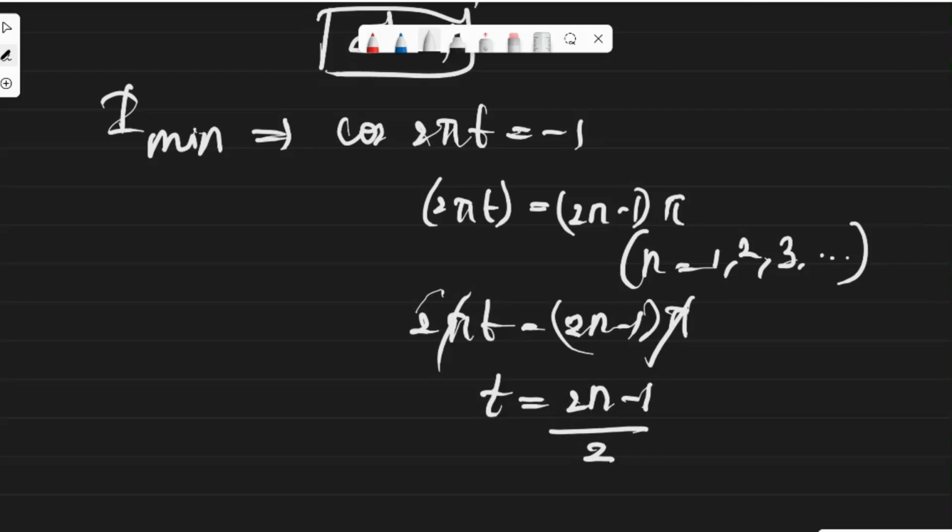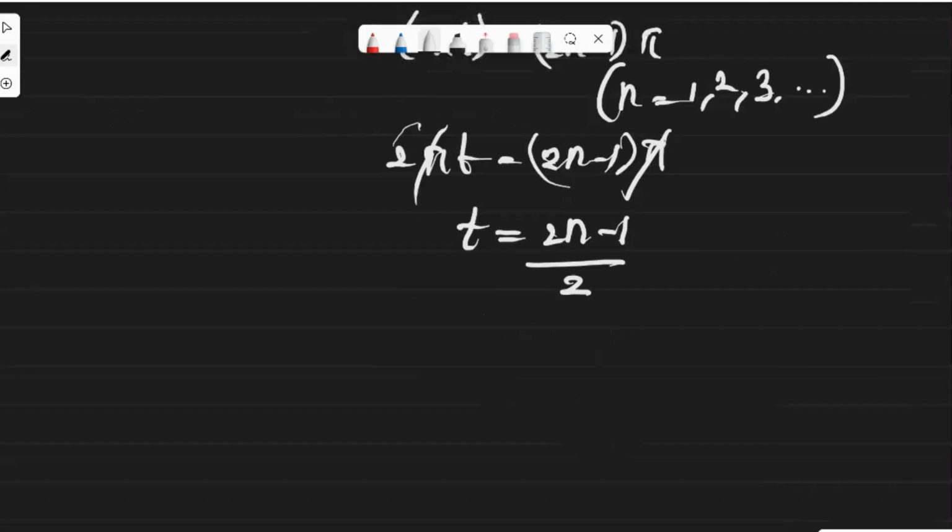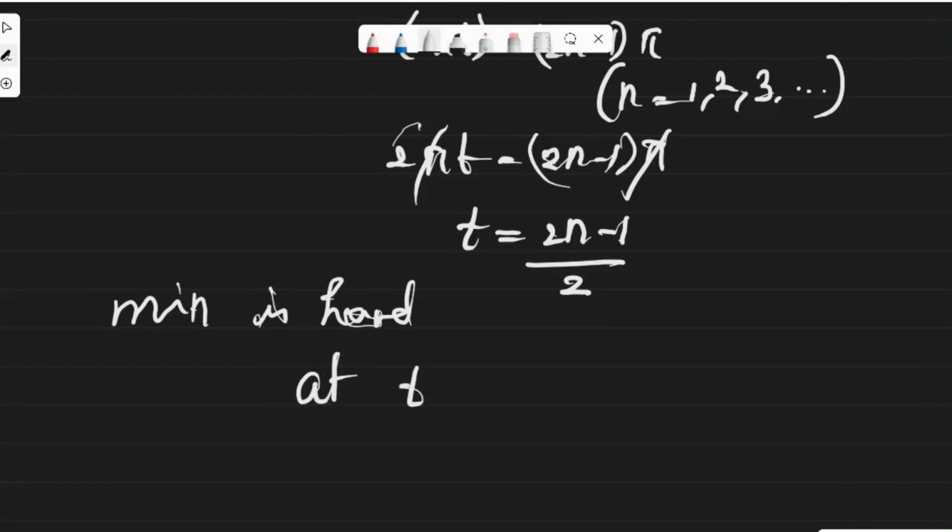Since t is equal to (2n minus 1) by 2, minimum is heard at, if we substitute n equal to 1, 2, 3, and so on, t equal to 1 by 2, next 3 by 2, next 5 by 2, and so on.